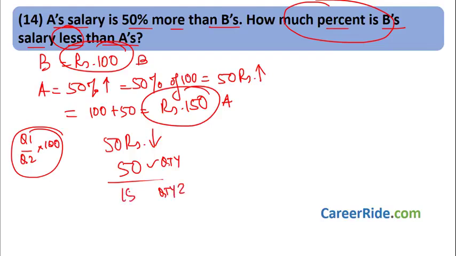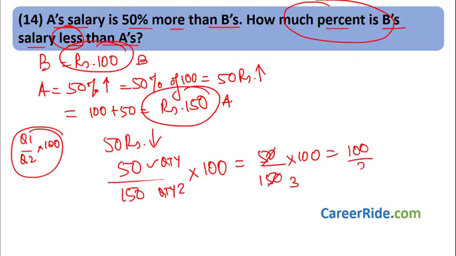A's salary, that is 150, and we want percentage, so 100. What do we get? 50 upon 150 into 100, this is 3, that would be 100 by 3, that is 33.33 and so on percent, or you can write 33 1 by 3%. So B's salary is 33 1 by 3% less than that of A.